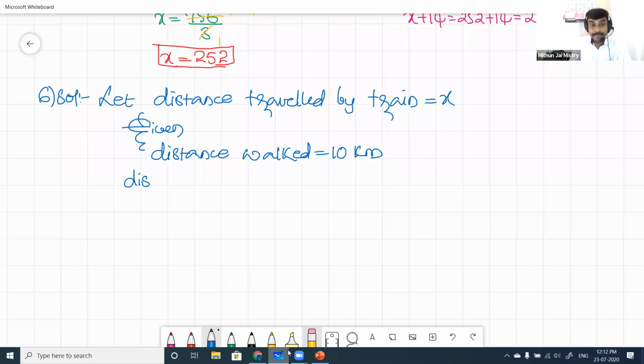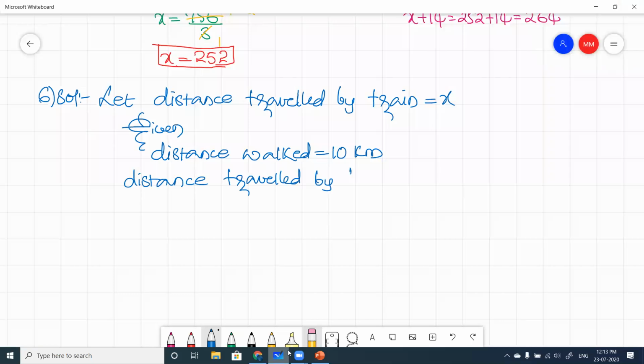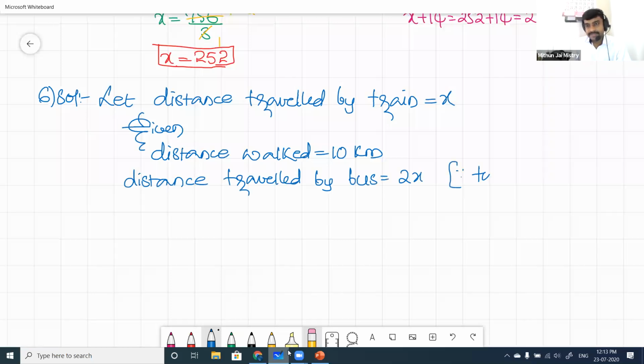Distance traveled by bus. Distance traveled by bus is equal to 2x. Why? Since the word twice is given.